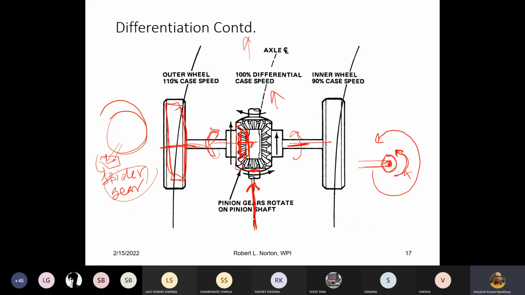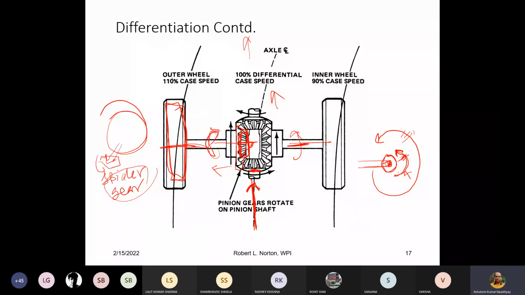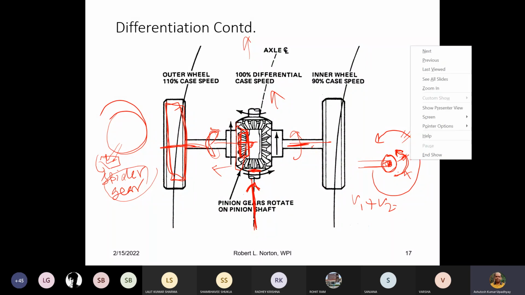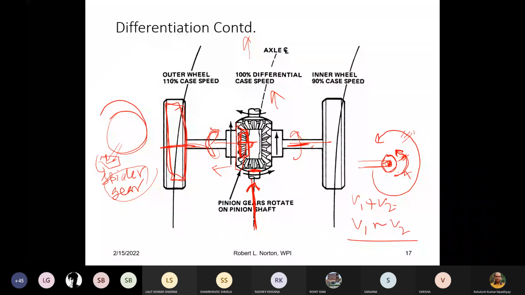So on one side, this velocity and this velocity, the shaft velocity and the spider gear velocity, will be added together. So it will be V1 plus V2. And on the other wheel, it will be opposite, so it will be V1 minus V2.